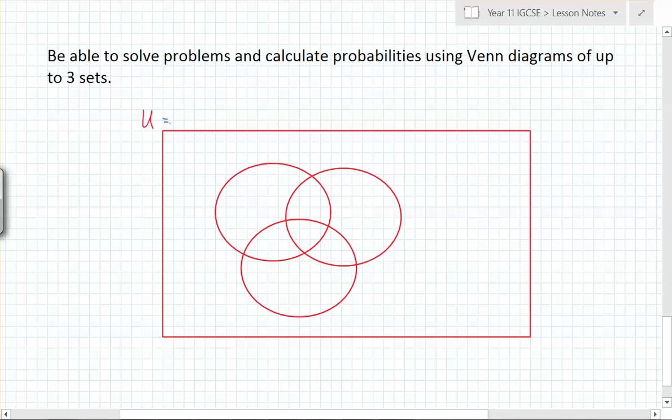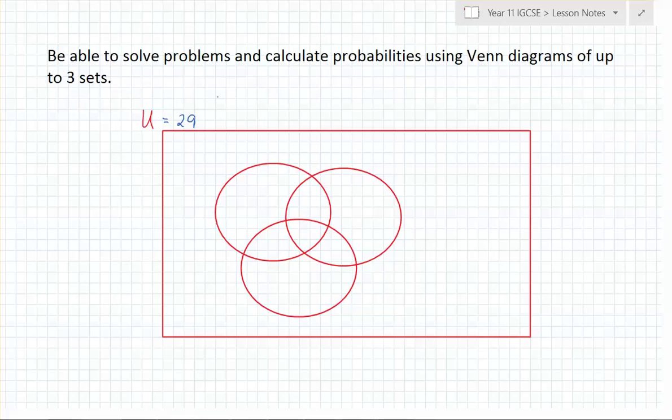So I should be writing in U, there are 29 students. I should make that note, because if when I add everything up it comes to more than 29, I've done something wrong. So that's a nice check.